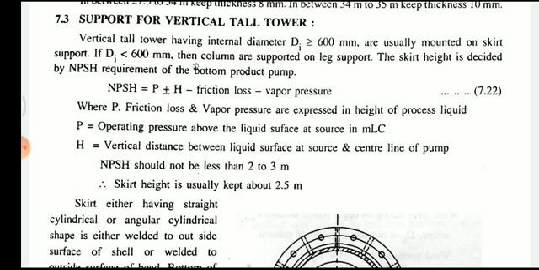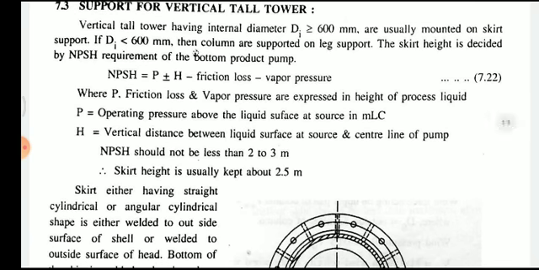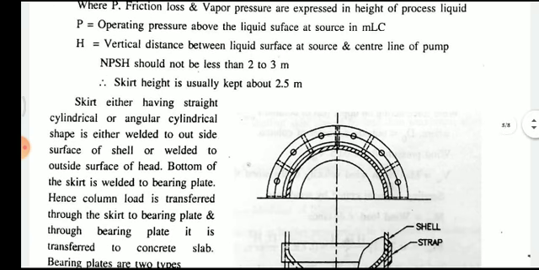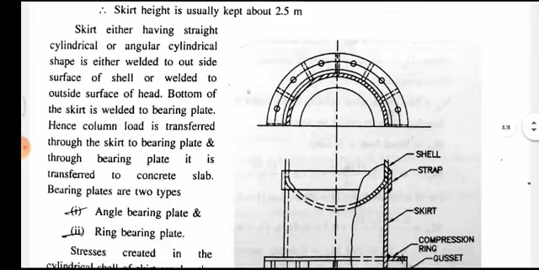P is the operating pressure above the liquid surface in millimeter of liquid column. H is the vertical distance between the liquid surface at the source and the center line of the pump. NPSH should not be less than 2 to 3 meter. Skirt height is generally kept about 2.5 meter.